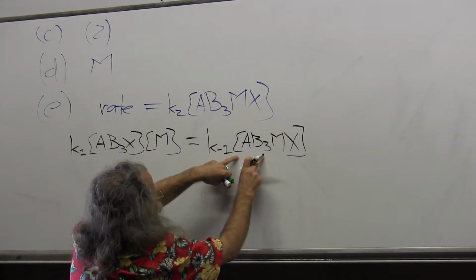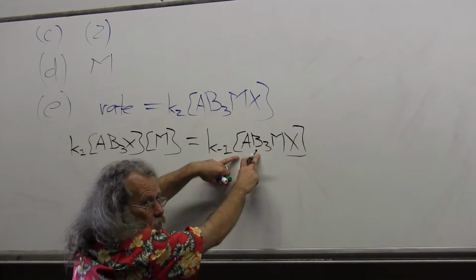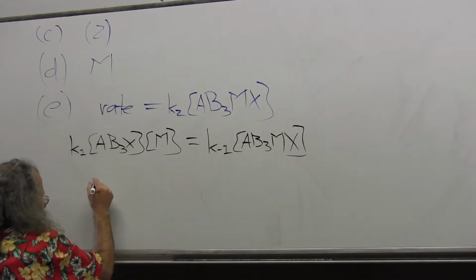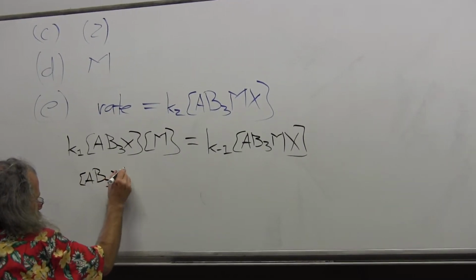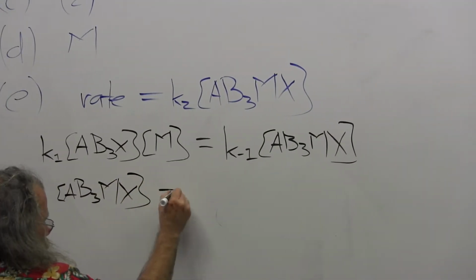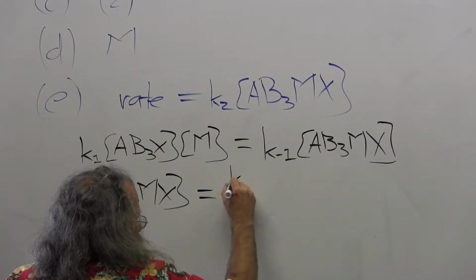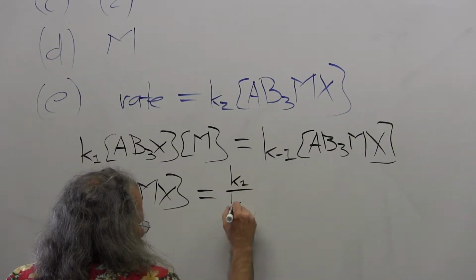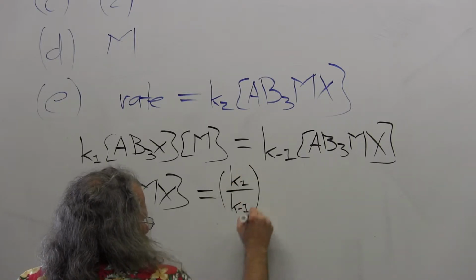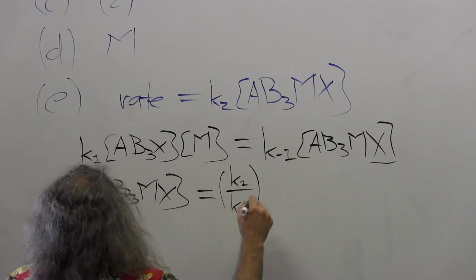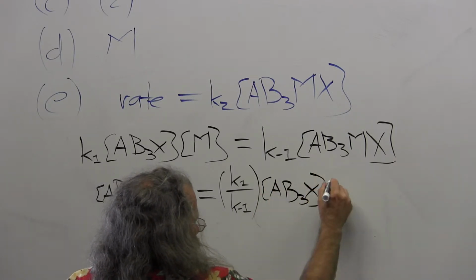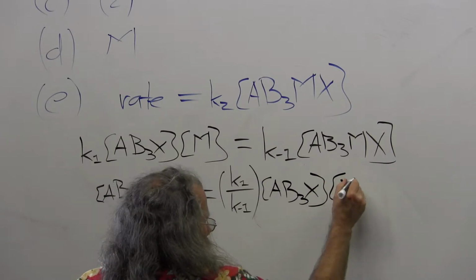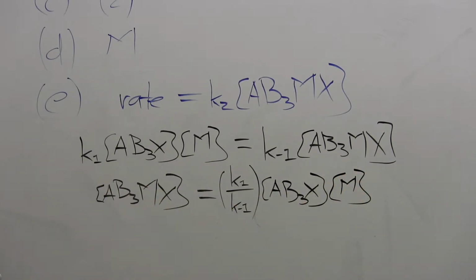I want to solve that for the concentration of the intermediate species. And so I rearrange that and I write that the concentration of the intermediate species AB3MX is equal to K1 divided by K minus 1 times AB3X times M. Okay, so this is another 5 points.